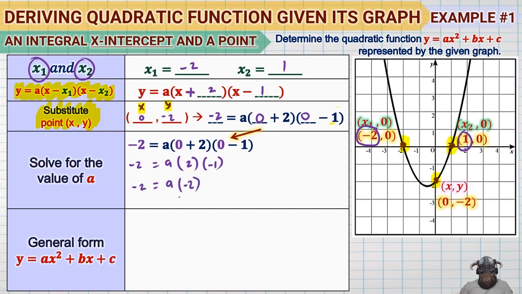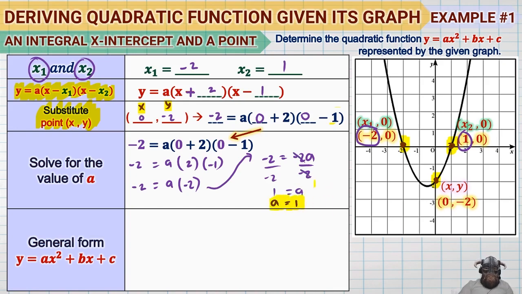So, here we will be having, continue natin dito sa gilid. Negative 2 is equal to a times negative 2 is negative 2a. Therefore, we can divide both sides by negative 2. So, a is equal to positive 1. So, ayusin lang natin, reflexive property of equality. A is equal to positive 1.